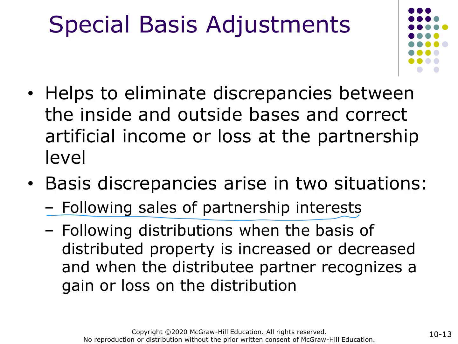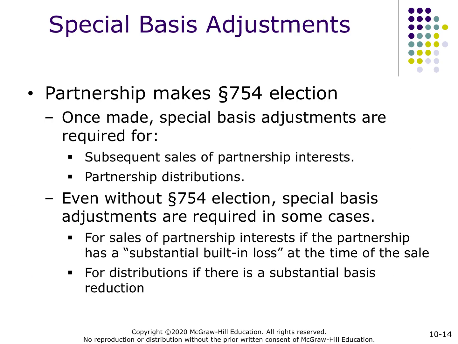So you've got, these are liquidating, and these are operating, right? And so you've got situations where now you have these discrepancies in basis, okay? And so as a result, we have some special basis adjustment allowances and procedures, all right?